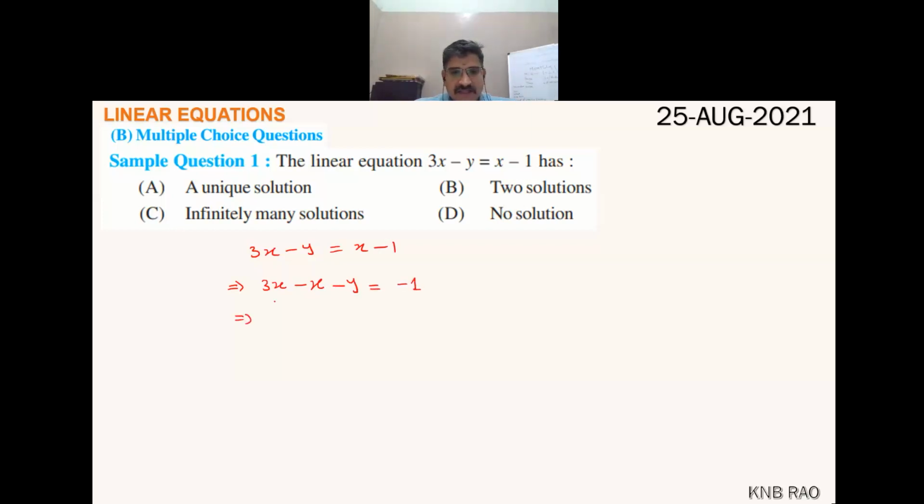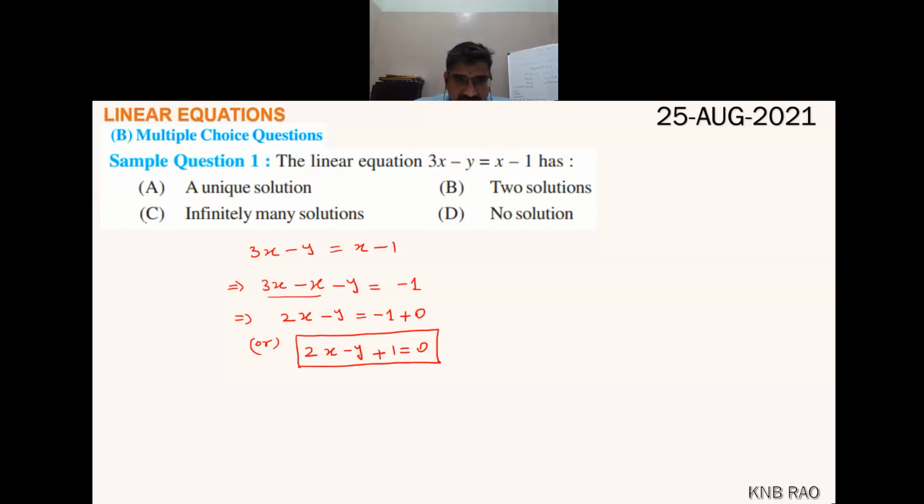On simplification of like terms 3x and minus x, you get 2x. So 2x minus y equals minus 1, or bringing minus 1 to this side, 2x minus y plus 1 equals 0, which is a linear equation in two variables. A linear equation in two variables will have infinitely many solutions. So the right answer is C, infinitely many solutions.